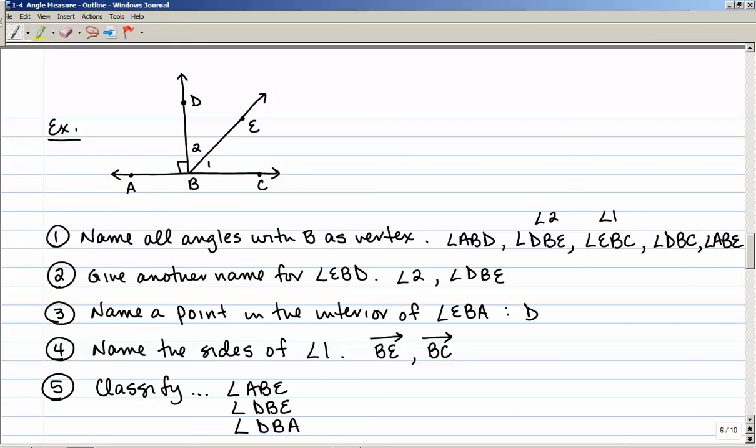And now classify each one of these angles. Angle ABE, because that is greater than a 90-degree angle, that one's going to be obtuse. Angle DBE, because that's less than 90, that's going to be acute. And angle DBA is a right angle, and I know that because it's got the little box right there.